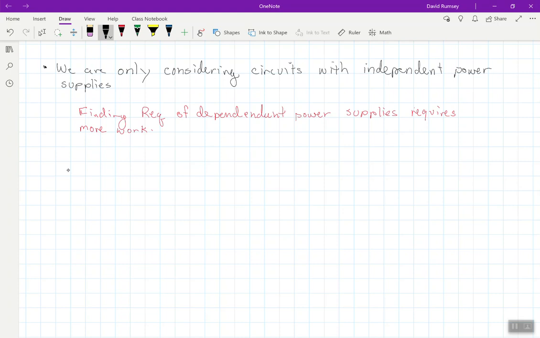Well, the first objective here is we first turn off all independent power supplies. Now this is extremely important here.